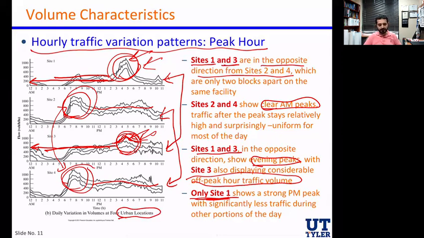You can also say, if I just show you two sites like site 1 and 3, you could tell that site 1 has more defined PM peak hour, but after that the volume is very low, about 200, versus site 3, where the PM peak hour is not really well defined, but overall, away from the peak hour, we still have considerably high amount of volume, around 600 vehicles. So those are the things that you would be expected to explain given such graphs.